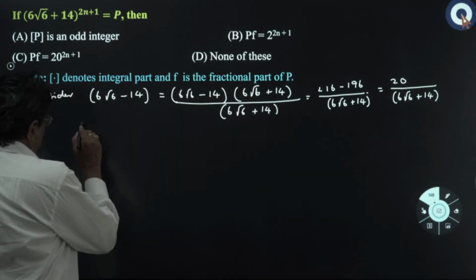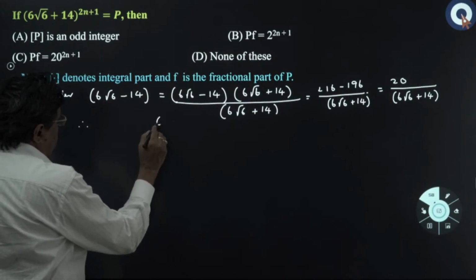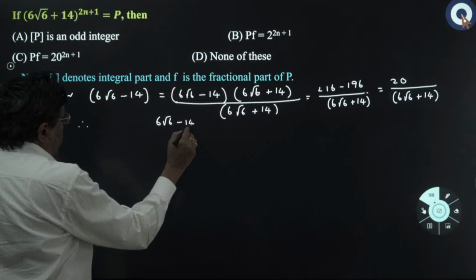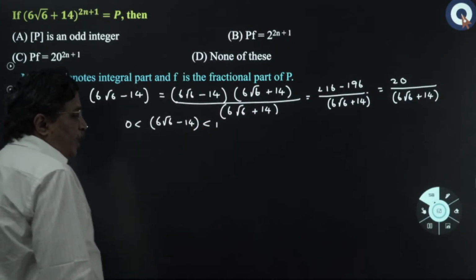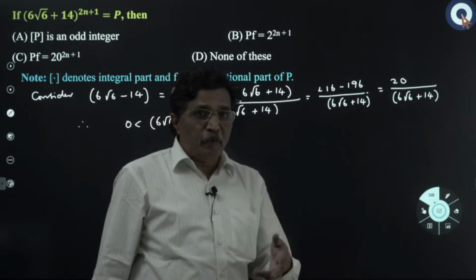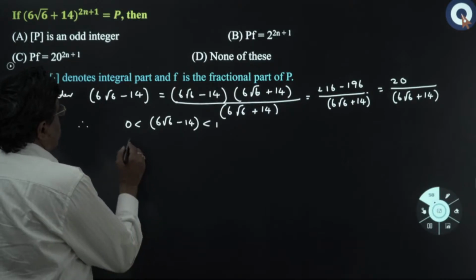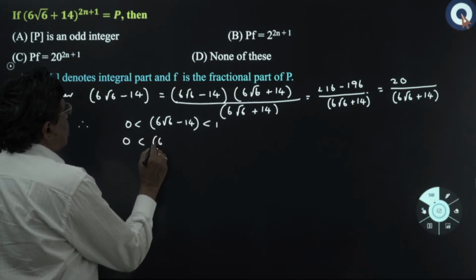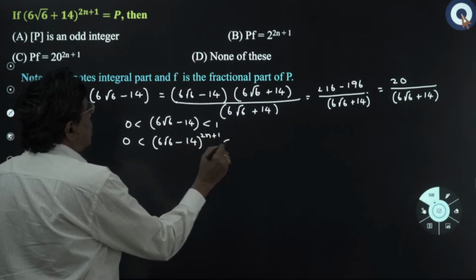So from this we can conclude that 6√6 minus 14 lies between 0 and 1. If something lies between 0 and 1, any positive integer power of it also lies between 0 and 1. So I'll write this to the power 2n plus 1 throughout: (6√6 - 14)^(2n+1) is less than 1.